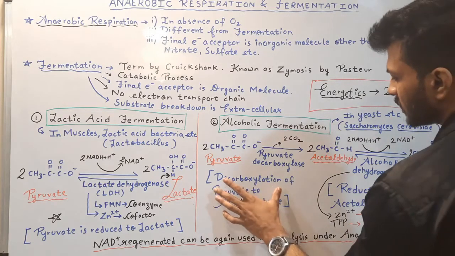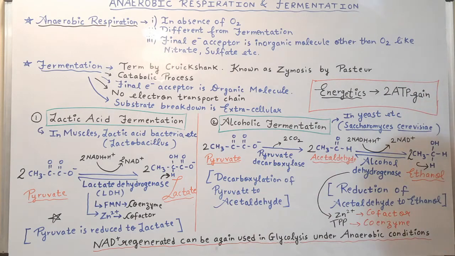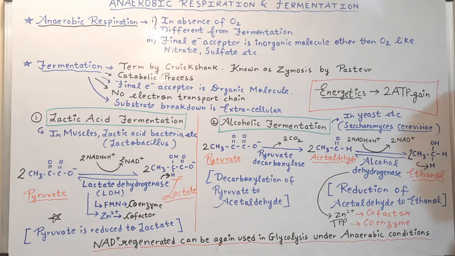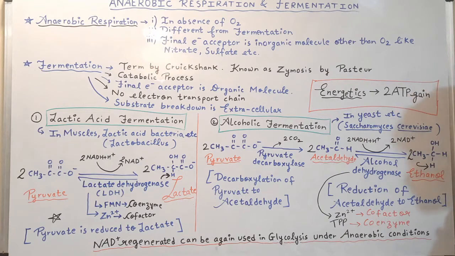Decarboxylation of pyruvate to acetaldehyde occurs, and then acetaldehyde is converted into ethanol. Again 2 molecules are involved, so 2 molecules of acetaldehyde will be converted into 2 molecules of ethanol.